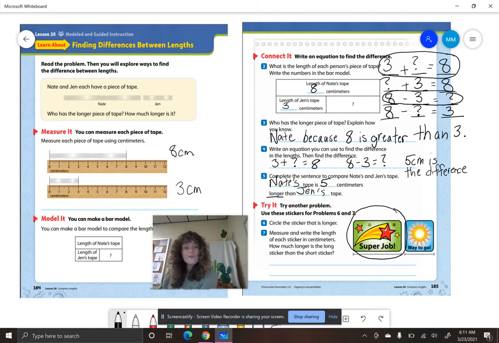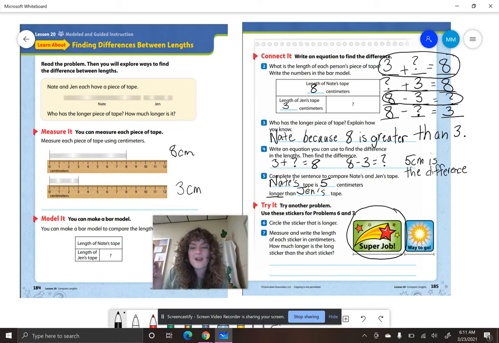All right, so for the green sticker, I'm going to line it up with the 0 on the left end. And I'm going to line up my right end with where it shows on the centimeters. How many centimeters did you get, Smarty? I got 5 centimeters. Did you get 5 centimeters?